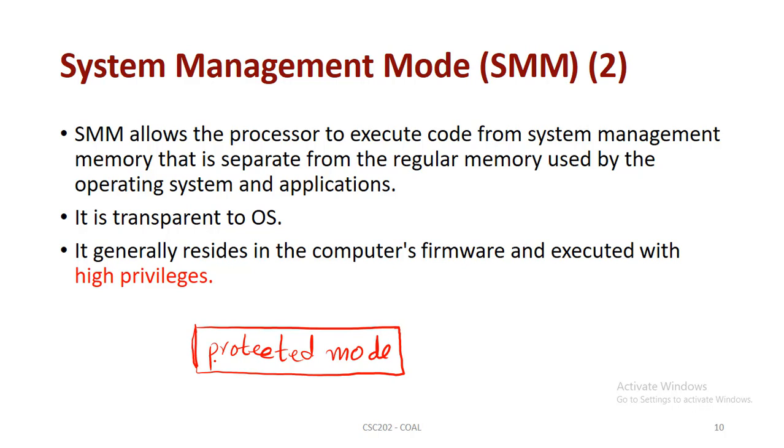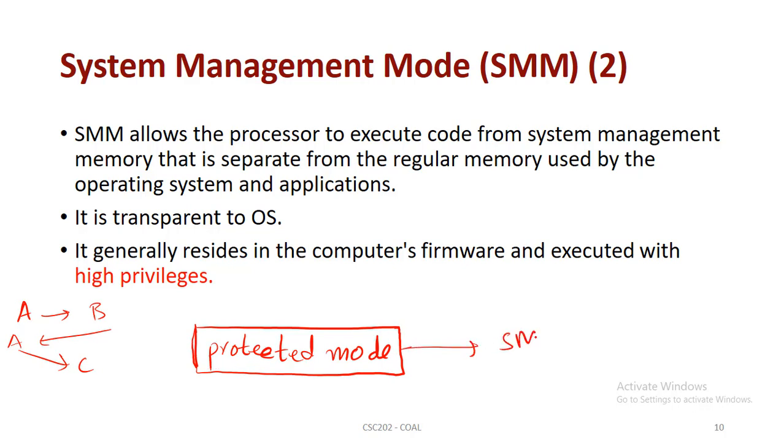What happens when you switch from one mode to another mode? Whether you are switching from mode A to mode B, or going back from mode B to A, or some other mode, the processor stores the current state of the system in some storage, in memory. So due to some interrupt or event that occurred, the microprocessor has to switch from protected mode to SMM mode.